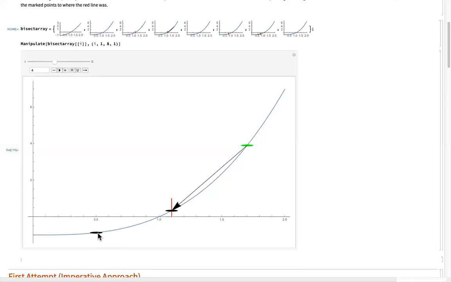Okay, we're going to do the same thing again. This time we're going to find the new midpoint, which will be about here. And you'll notice then that the blue curve would be negative. So that means I want to move the lower point up.